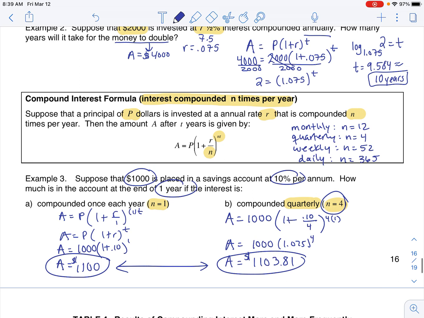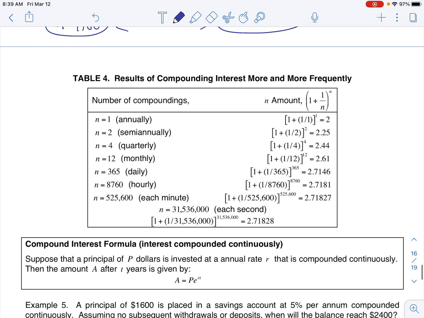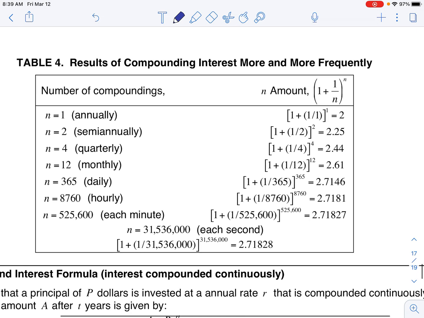Moving on, there's one more compound interest formula. What if we go more and more frequently here? We talked about our formula. This is just the basic part inside the parentheses without the principal involved.